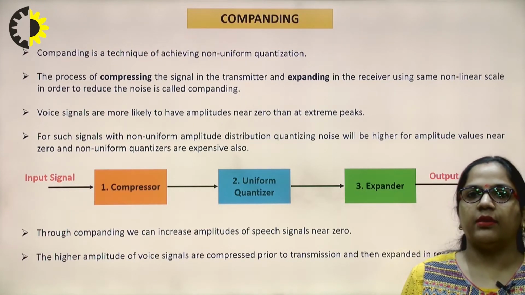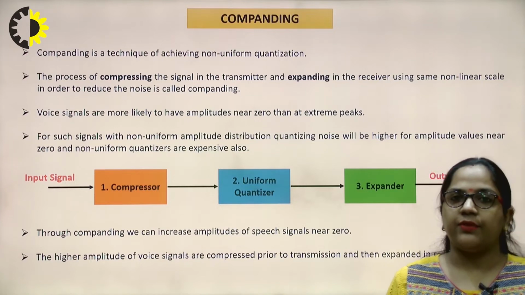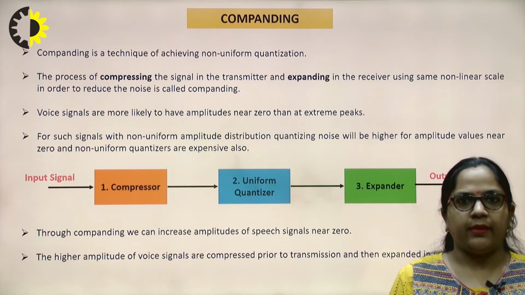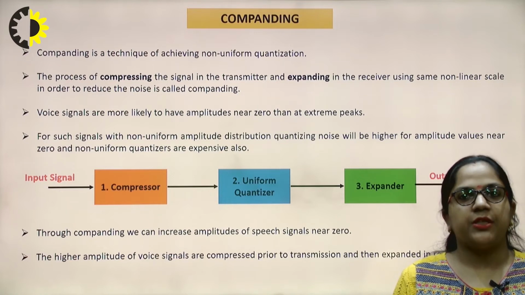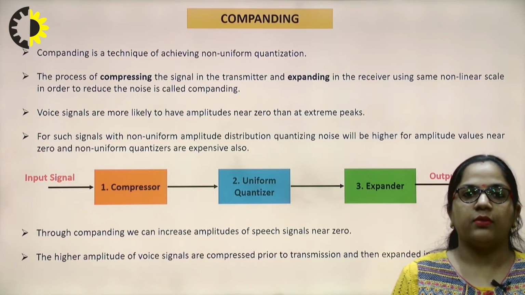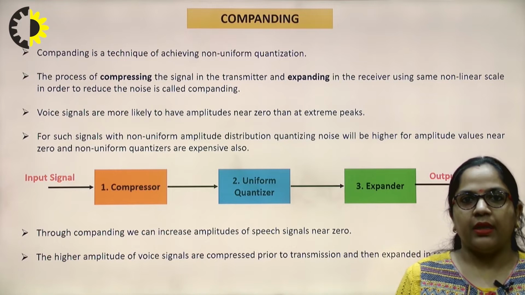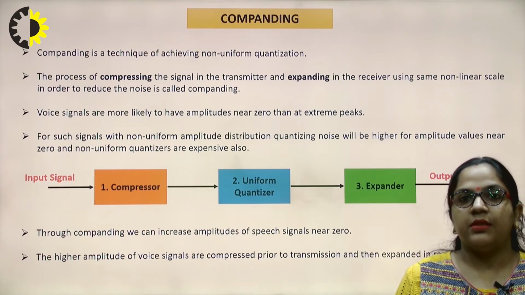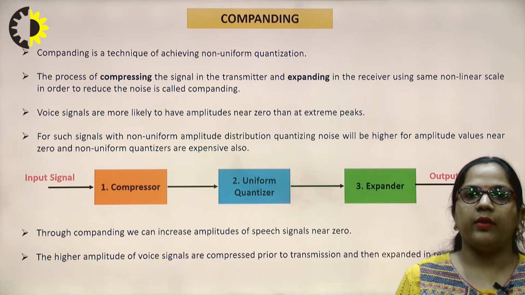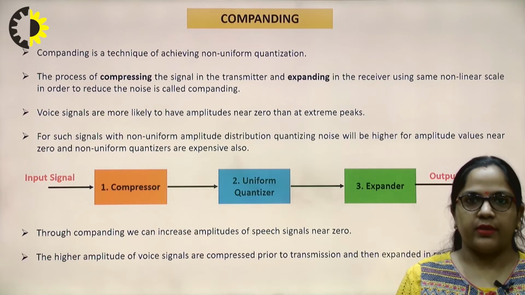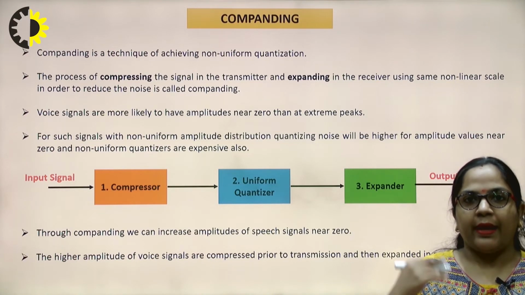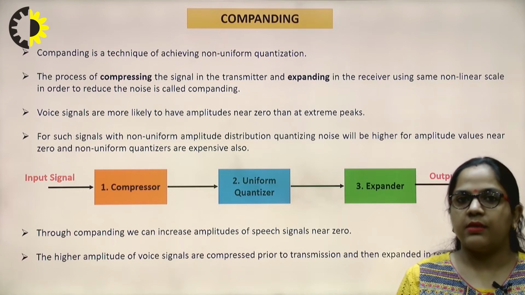In the case of a non-uniform quantizer, we have seen that for signals like voice or speech signals, where most of the information lies near the 0 level, we require more levels, and for the higher values we require fewer levels.